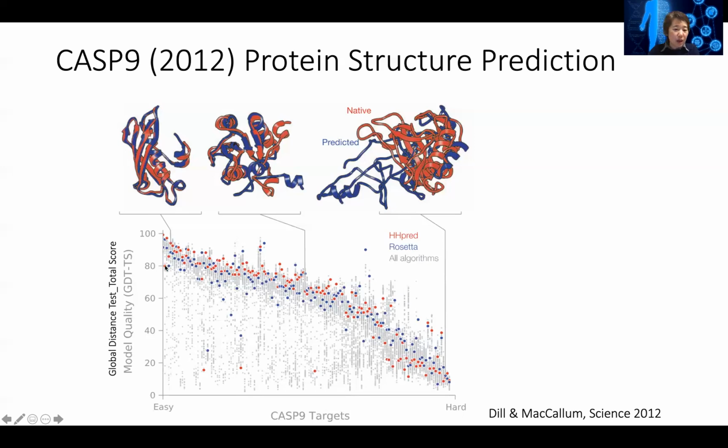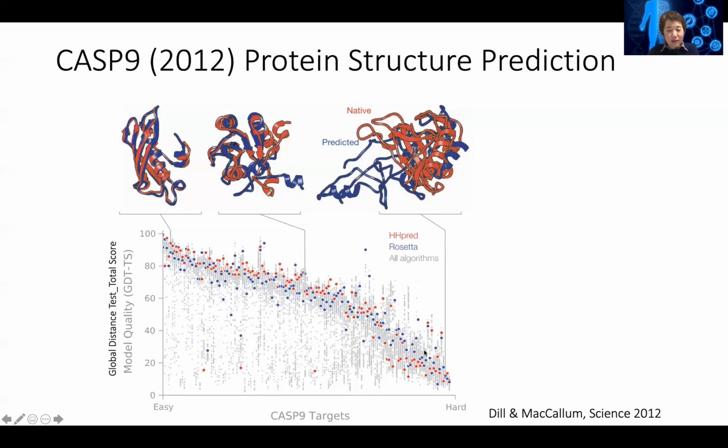And so you can see when the global distance test gives you a score above 90%, the correct structure, which is drawn in red here, and the predicted structure are highly similar; you can see the structures aligned very, very well.